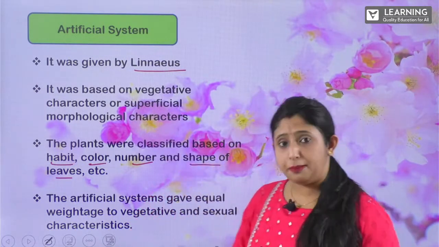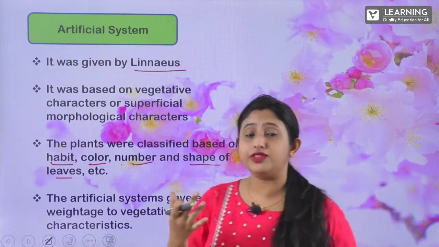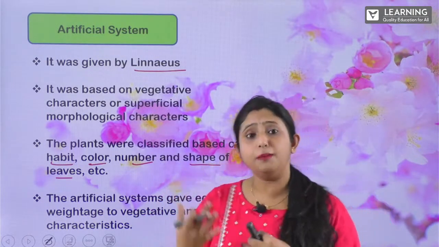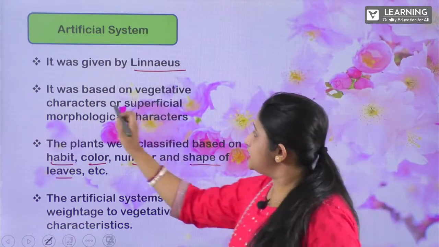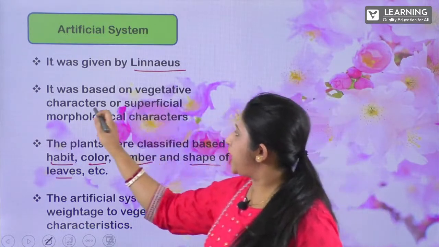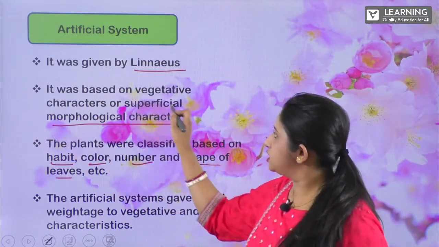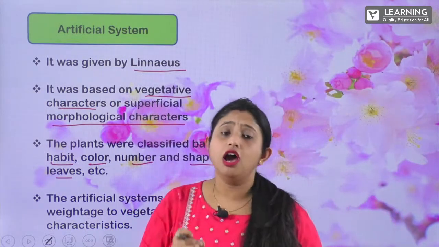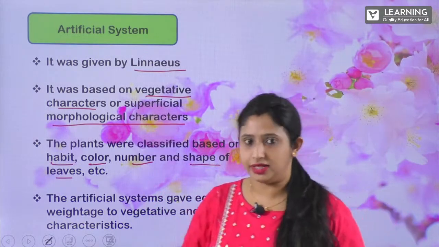So depending on the habitat, the color, the number and shape of leaves, he has classified the different plants and categorized them. Clear? Next is, it was based on the vegetative characters or the superficial morphological characters, which I have already said, the physical appearance, right?